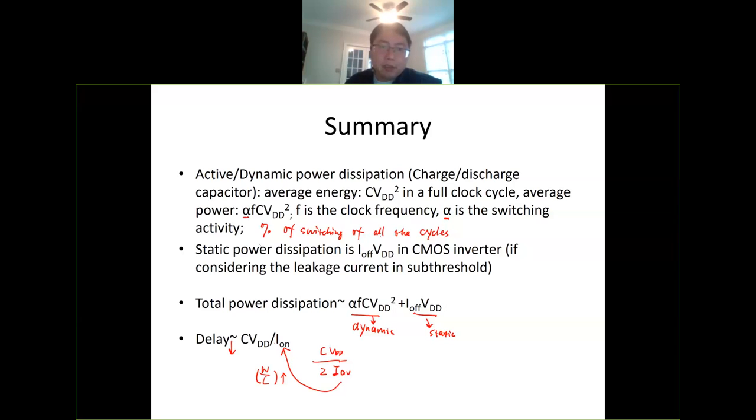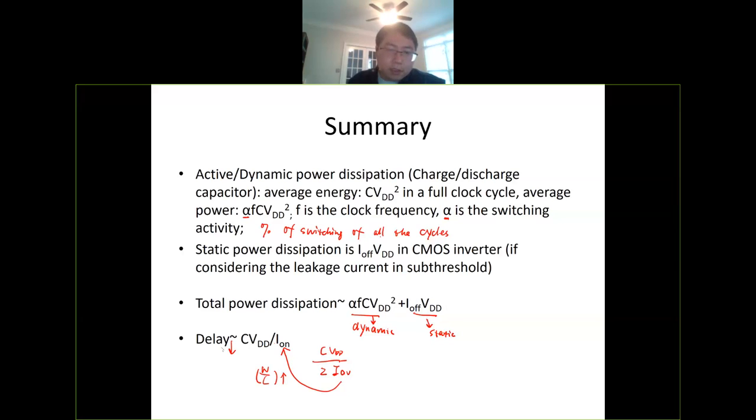The percentage of switching among all the cycles is represented as alpha, the switching activity. So you will have this coefficient in front of the dynamic power. And for the static power, you will just have VDD times the I-off. So this is for one inverter, the total power dissipation, dynamic and static.